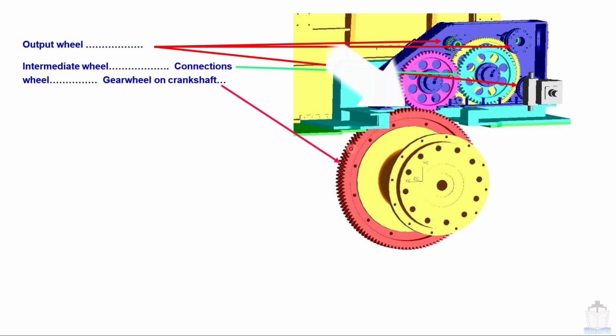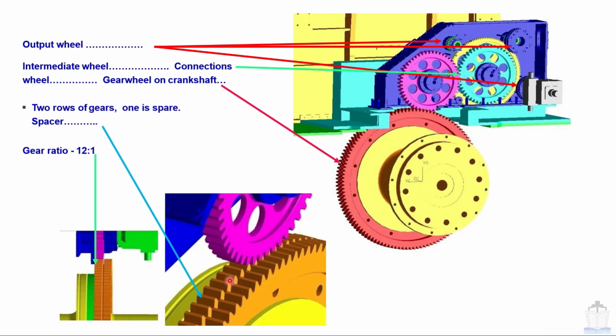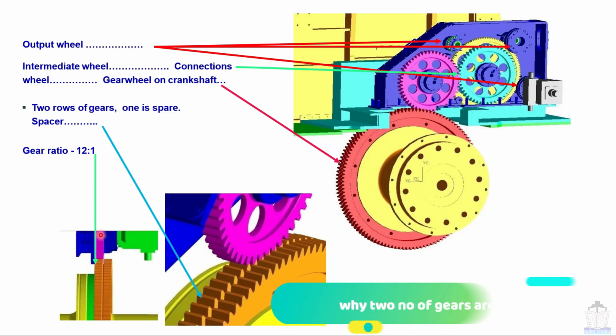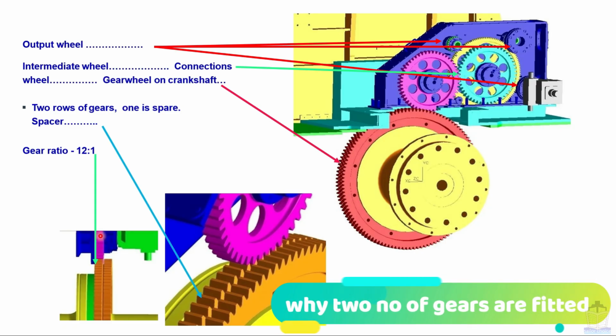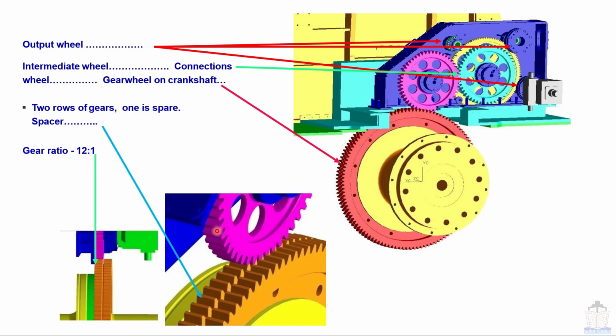Now if we see the close view of this part, we can see there are 2 gears situated on the flywheel and only one gear is provided for the intermediate gearbox. This is the side view of the same. You can see clearly that there are 2 gears situated, whereas the intermediate gear is only one. Now the question is, why are two gears fitted on the flywheel, whereas the intermediate gears are not provided in two numbers?